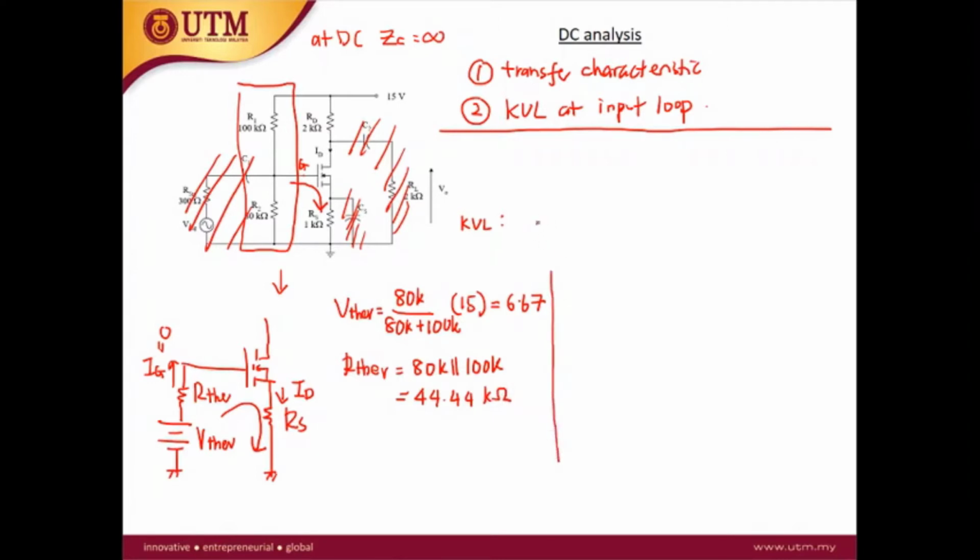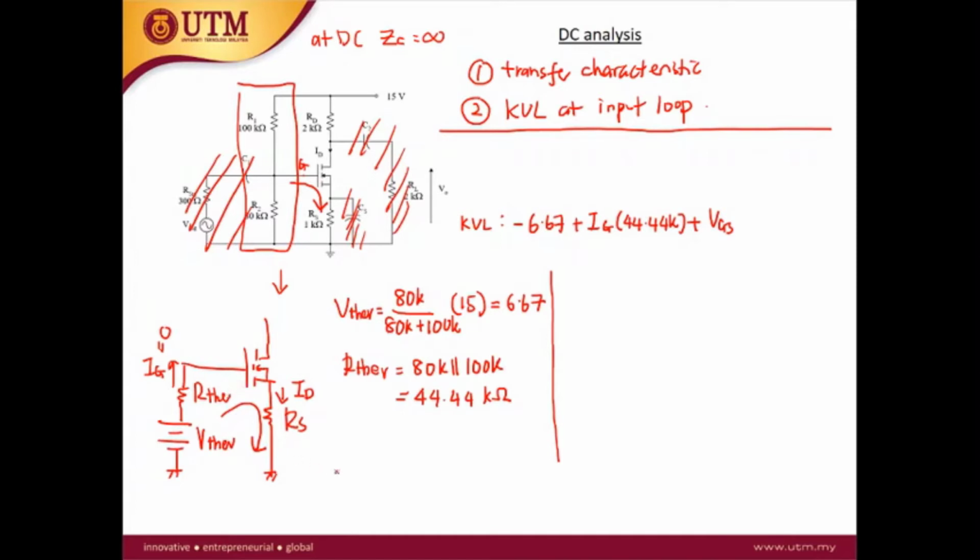So the KVL will look like this. We have minus V Thevenin, which is minus 6.67, plus IG RTH, 44.44k, plus VGS. Do not miss the VGS.